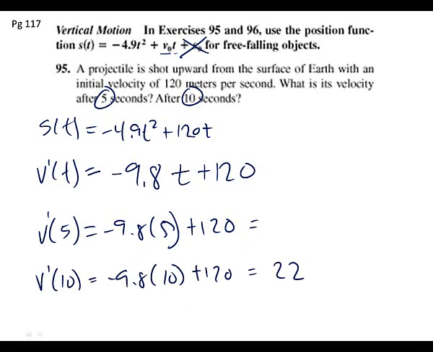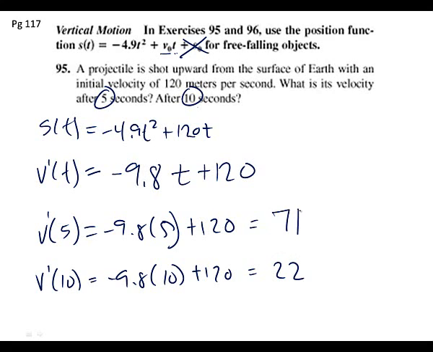Yeah? The second one. What's this one here? Anybody get it? 40. Is it 49? No, it's 71. We sure? No, plus 49 minus 49. 9.8 times 5 is 49 plus 120.